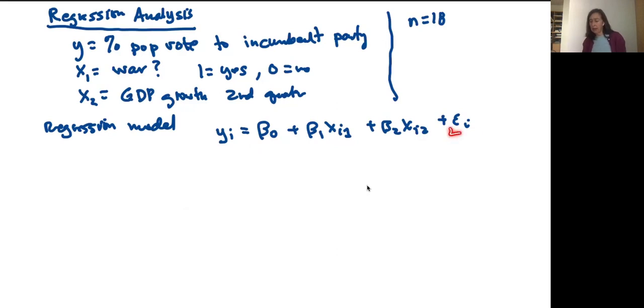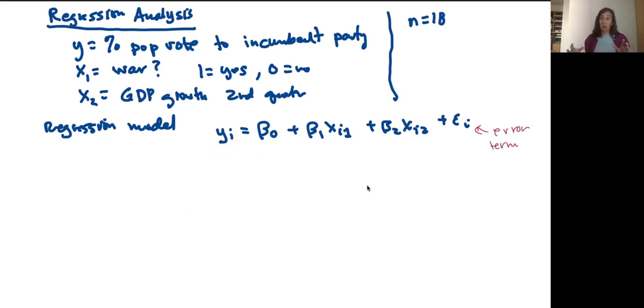We've also got this epsilon term here. That's a Greek letter epsilon, and this is actually a really important part of doing the estimation. This is the part of the dependent variable that we're not explaining with the independent variables and the constant. We call it our error term.